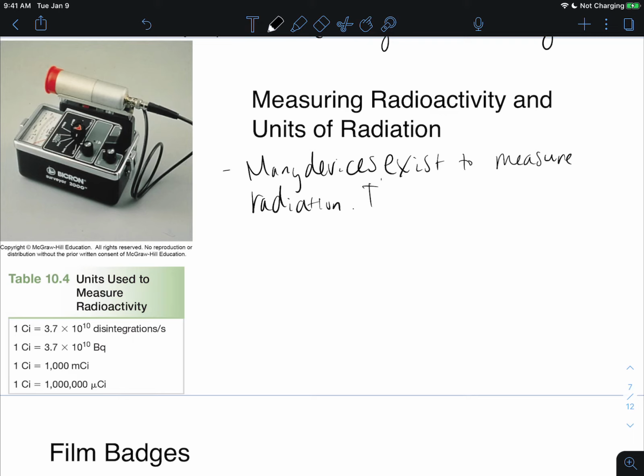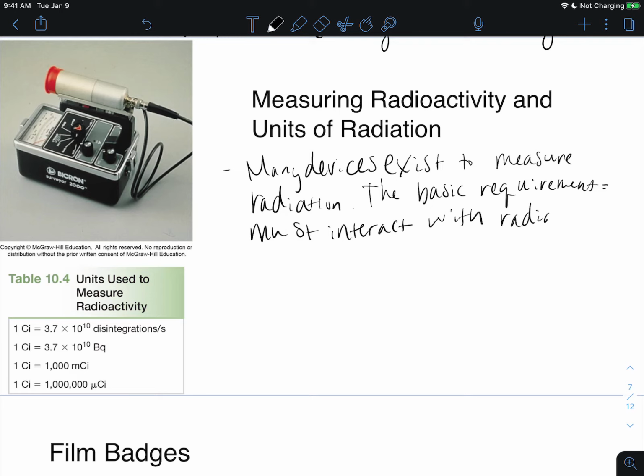The basic requirement must be that it has to interact with radiation, as in the detector does. So the detector has to interact with radiation in some way.